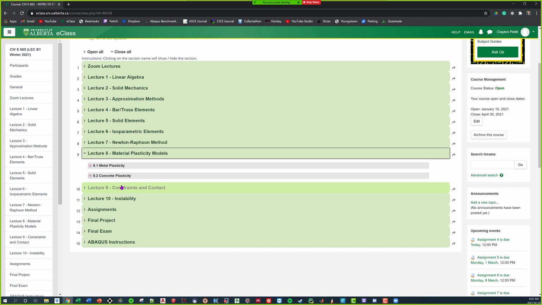But once we get into concrete plasticity, that right there would take probably half the semester to teach. So when we start getting into these later subjects, it's not so much going to be about the theory, it's how we can implement these in finite element programs such as Abaqus, so you guys have a good understanding of what exactly is going on.